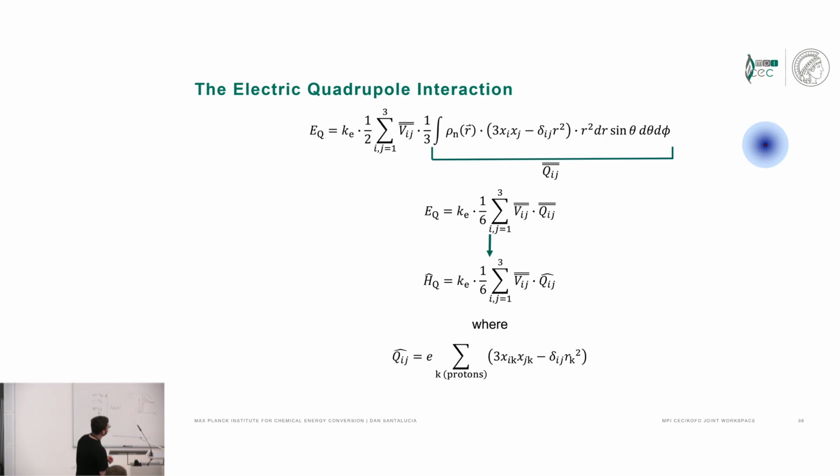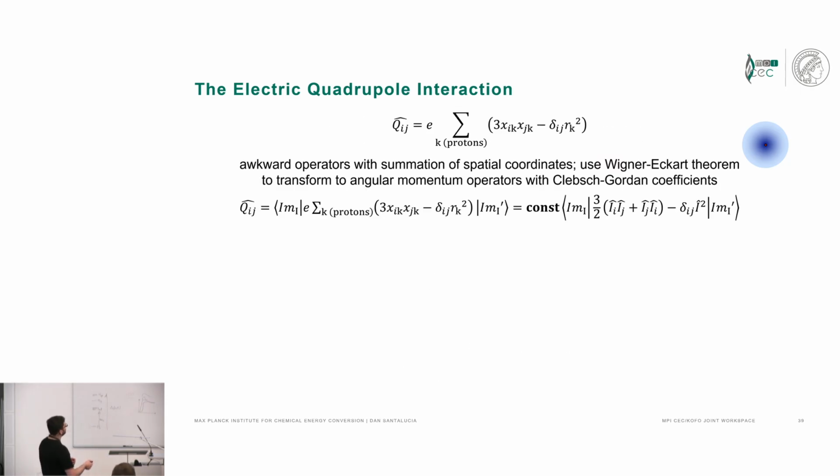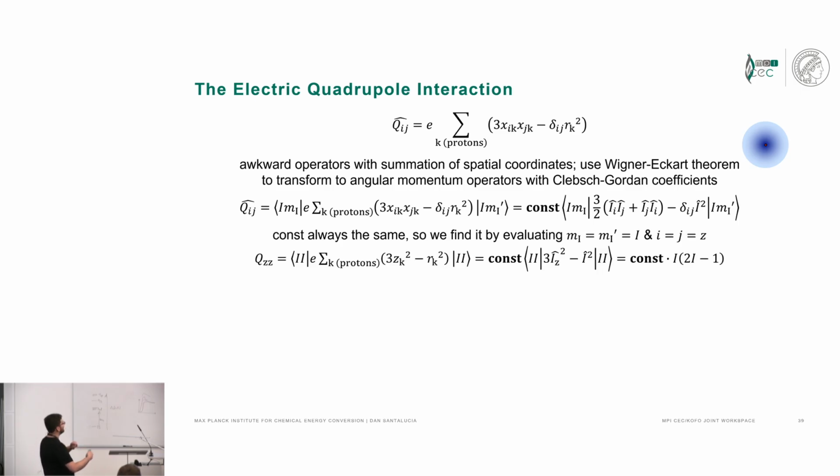You don't need to follow me for all this, but basically we can start doing some math. I don't really like being in proton space, so I'm going to use the Wigner-Eckart theorem with Clebsch-Gordan coefficients to transfer to nuclear spin momentum space, and then start evaluating.